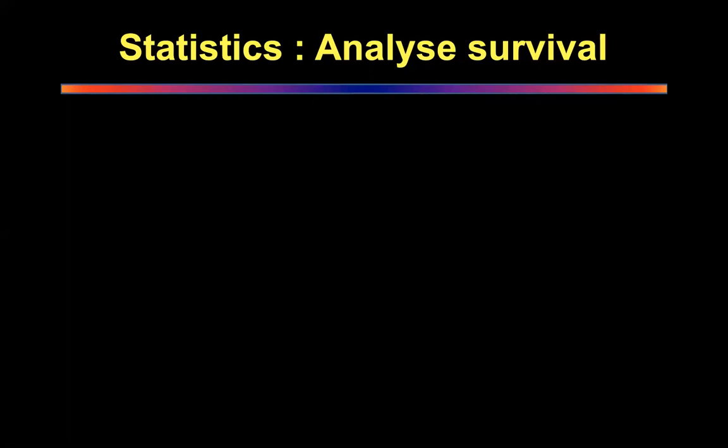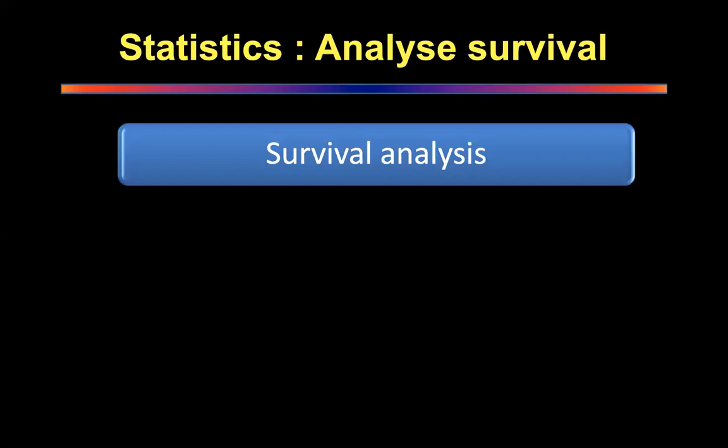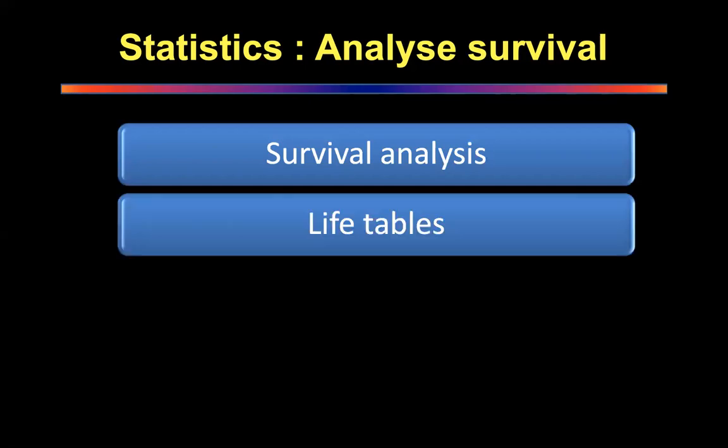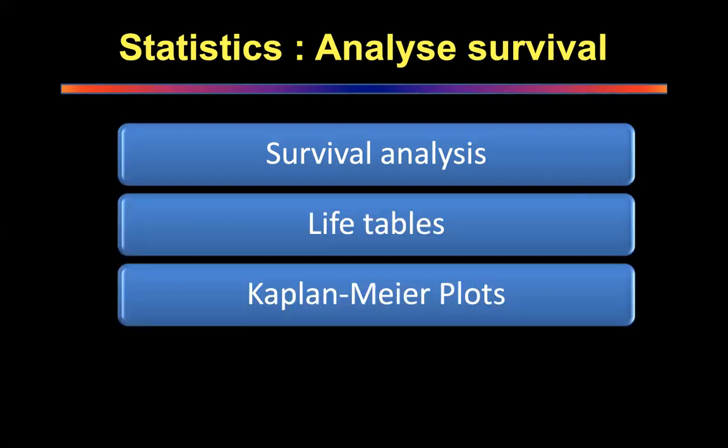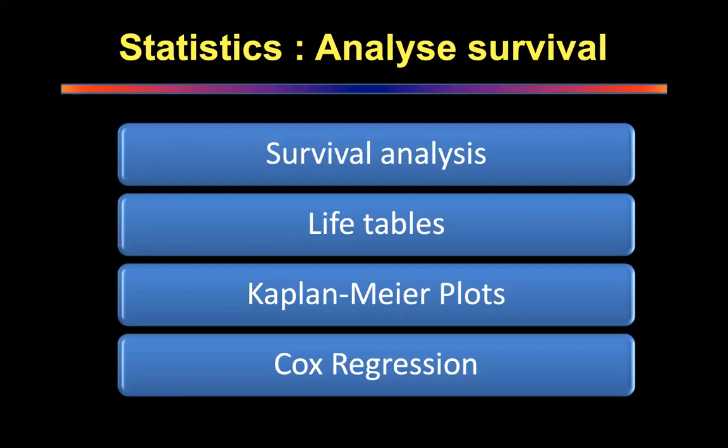So when you ask a certain question, you have to use a different set of statistics to analyze the outcome. So when you are analyzing survival, you're looking at life tables, Kaplan-Meier plots, and Cox regression. Now, Cox regression is a regression type of statistics which is specifically designed for survival analysis. I'll talk about each one of these in more detail. Don't worry about it, okay?